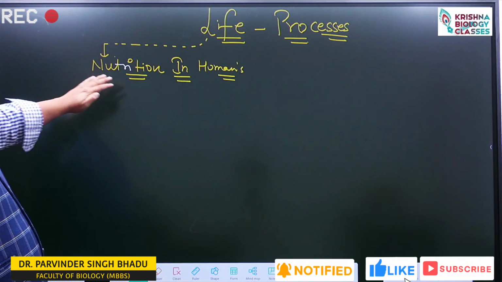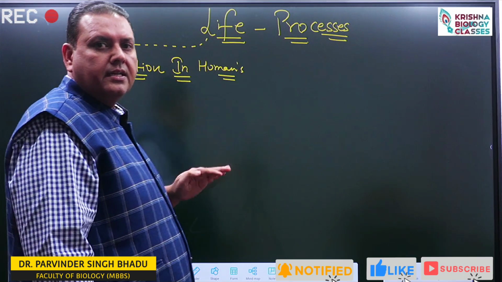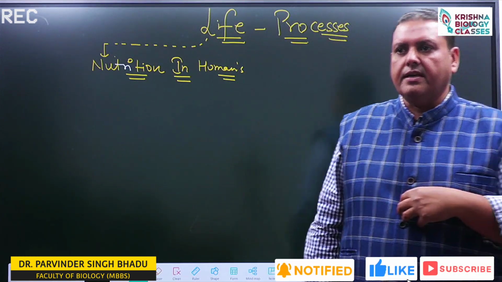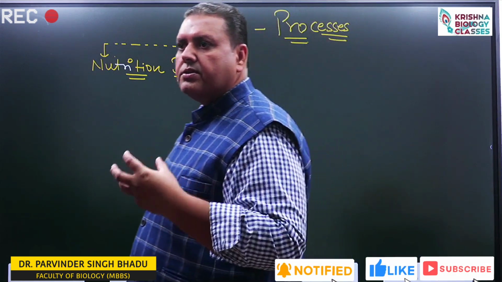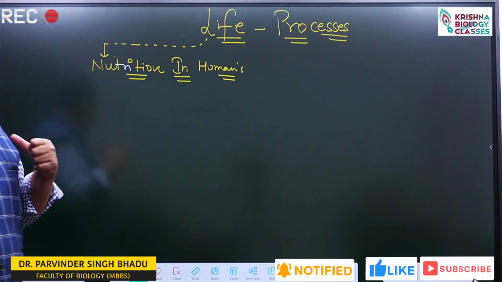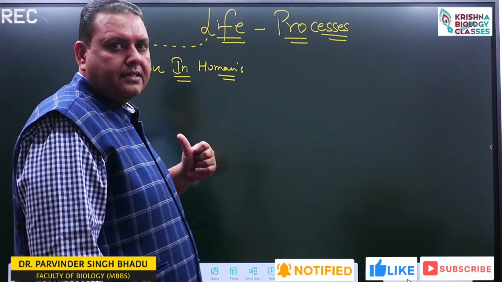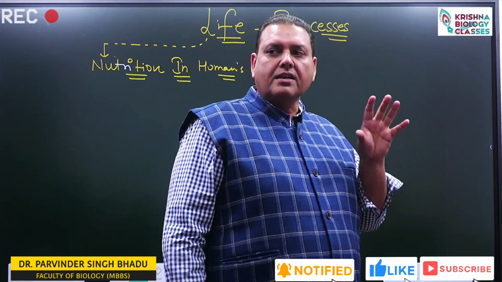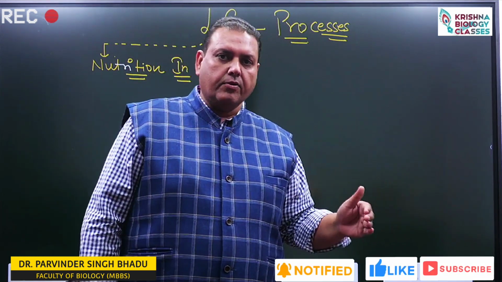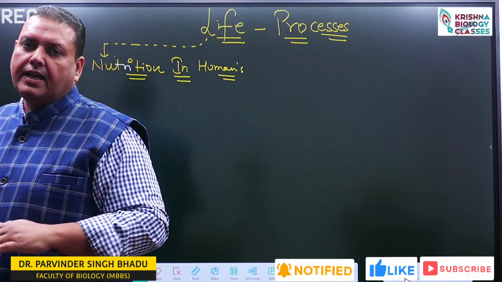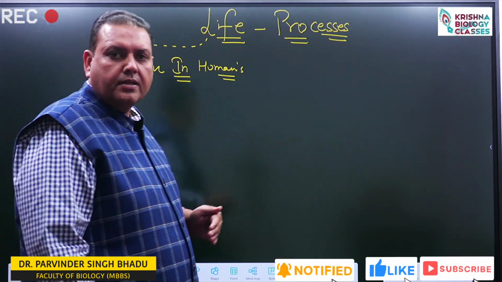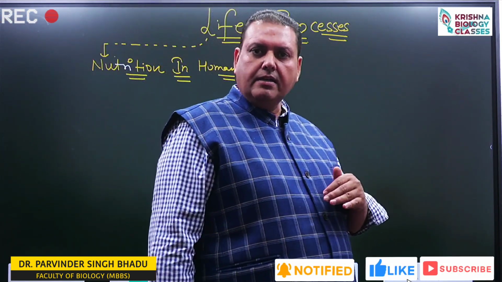In the previous class, we had discussed that this nutrition is achieved with the help of the digestive system present in our body. And in the last class we had discussed the structure of the human digestive system, the alimentary canal and digestive glands. In the alimentary canal, different locations are there: buccal cavity, esophagus, stomach, intestine and so on.